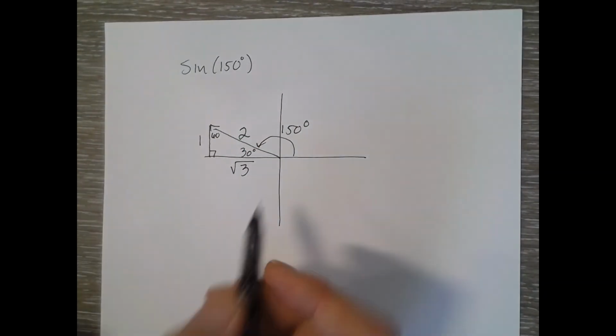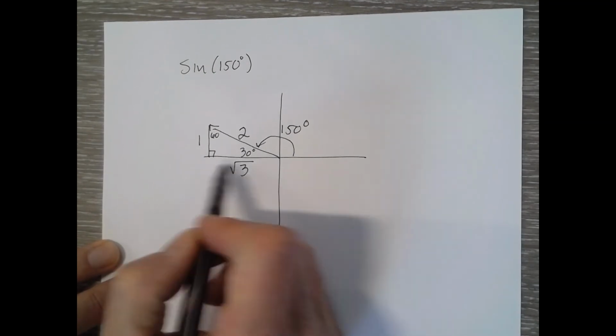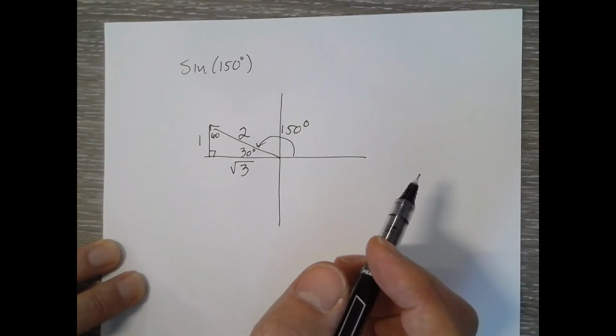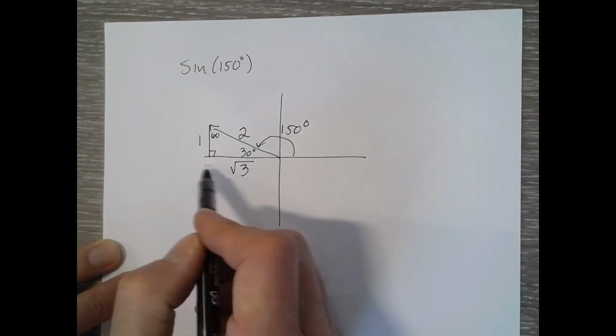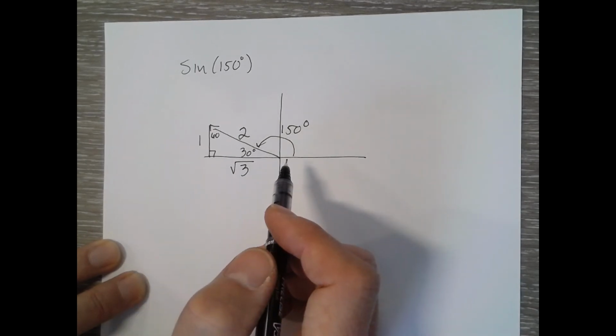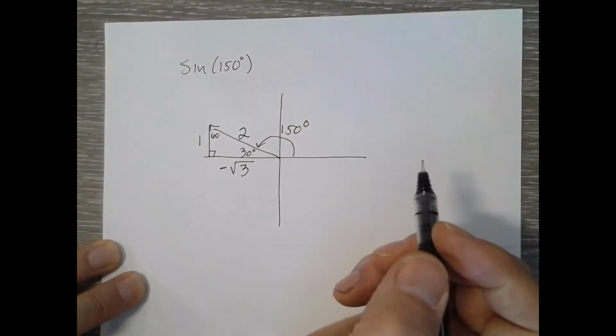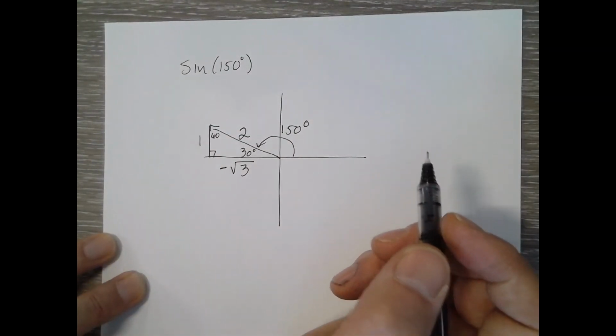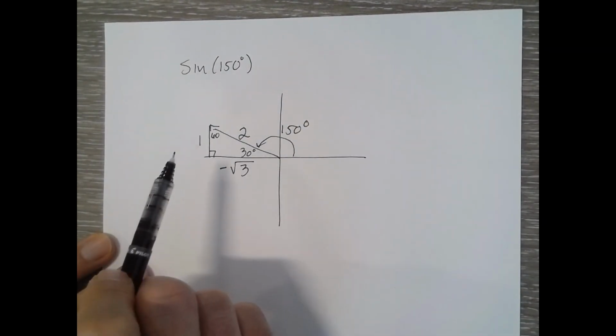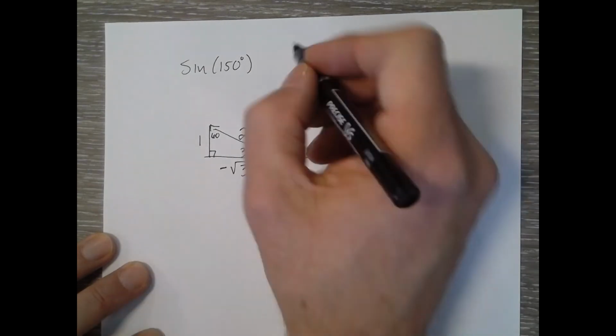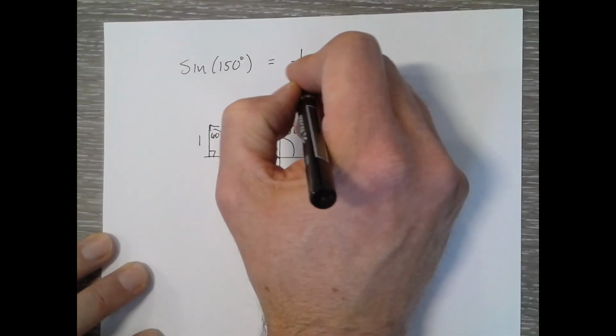Now, is this square root of 3 positive or negative? It's negative because we're going to the left. And that's positive because we're going up. So now we can find the sine of 150 degrees. It's just the opposite over hypotenuse, so I get 1/2.